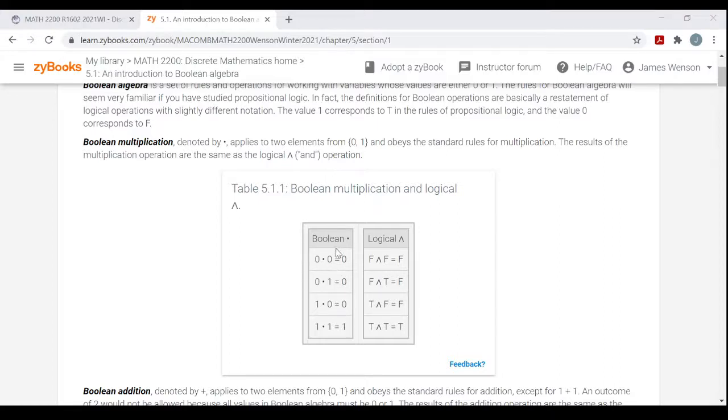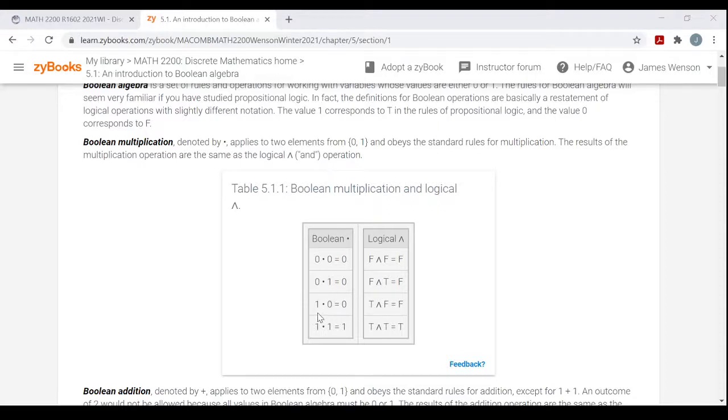So in Boolean multiplication, 0 times 0 is 0. Again, that's just like false and false is false. 0 times 1 is 0. Again, that's just like false and true is false. 1 times 0 is 0.